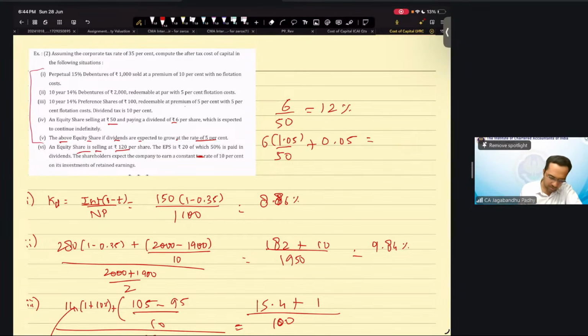So this will be obviously a different number. 6 into 1.05 divided by 50 plus 0.05 is 17.6. Yes, expected dividend, correct.